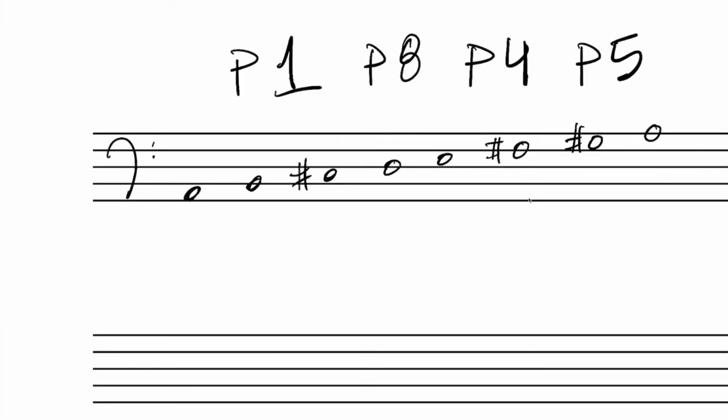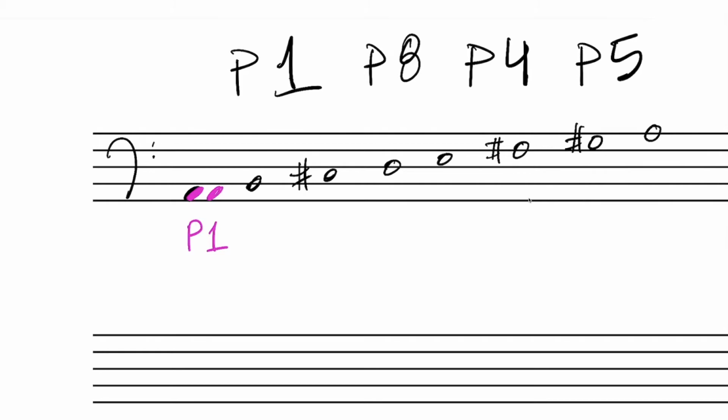Recall there is our A major scale. Now I'd like to show you how we can derive the perfect intervals from this scale. So to start, if we have A to A, the same exact note, that's the easiest interval to identify, and that is considered our perfect unison, which we label like that, capital P and a 1.